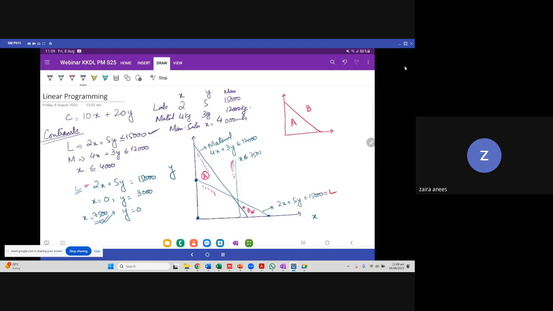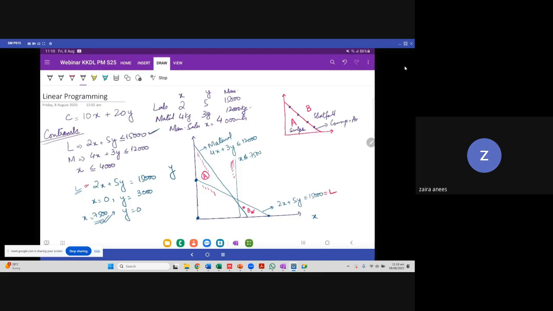If you choose any output on this line, then on these points the material or labor or whatever resource it is will be 100% consumed, right? Here there will be a surplus capacity and here there will be a shortfall. But on the line, consumption will be equal to availability, right?